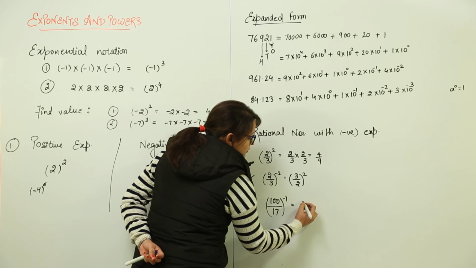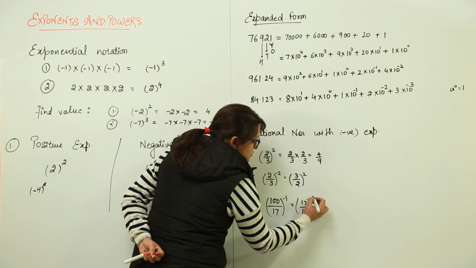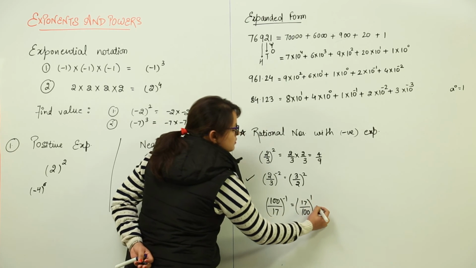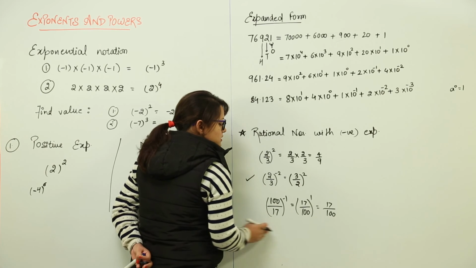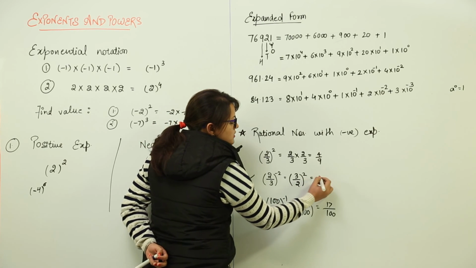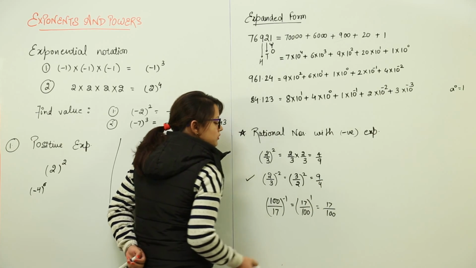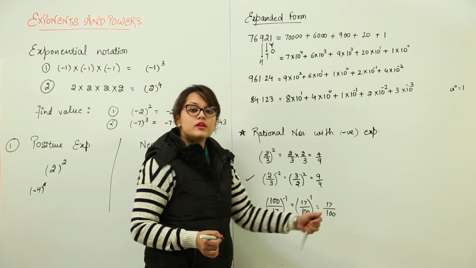How would this be solved? 17 upon 100 raised to the power 1, which is equal to 17 upon 100 only. Okay, so this is how the questions are to be solved. I hope you can solve this also further. This will be 9 over 4. So this is how we solve rational numbers with negative exponents.